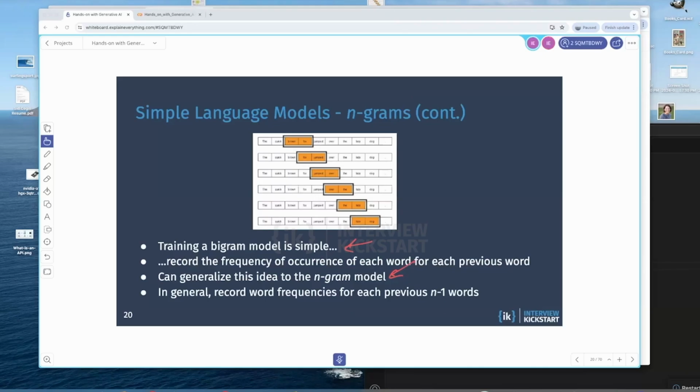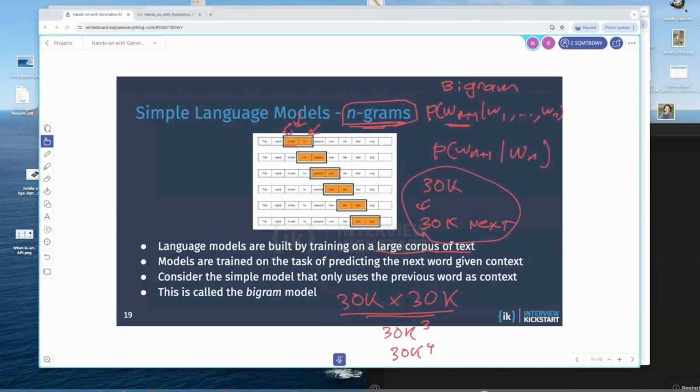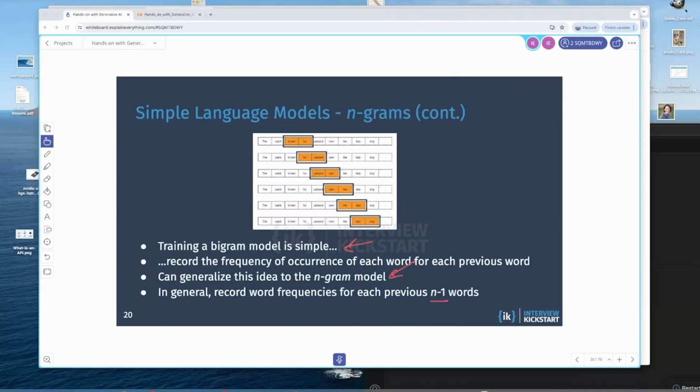For the general n-gram model, I just keep track of the frequency that each word occurs given the previous n-1 words. So it's a simple concept, but it's either going to have too short of a context to be useful, or it's going to require keeping track of so many different contexts that it's not feasible.